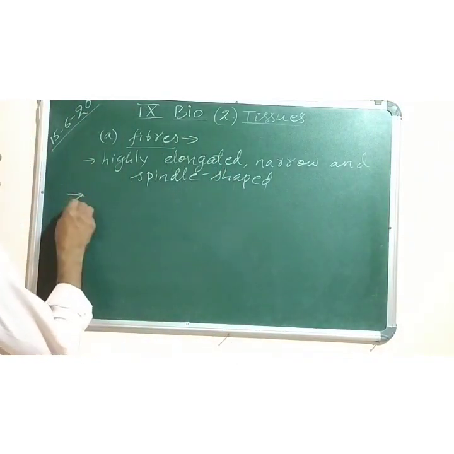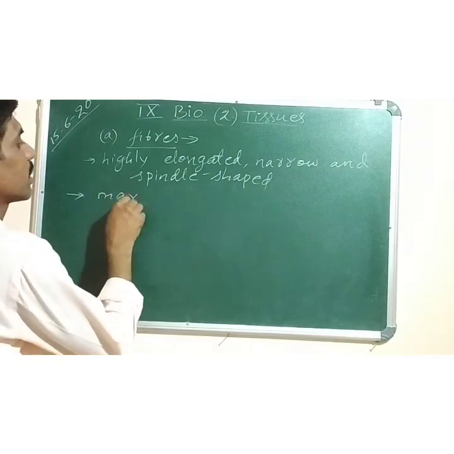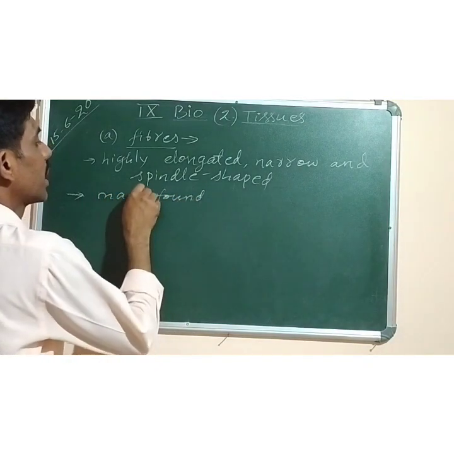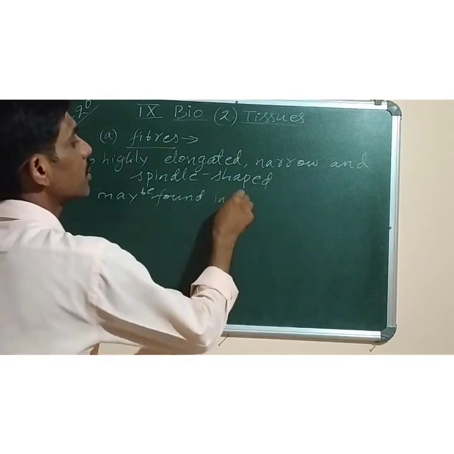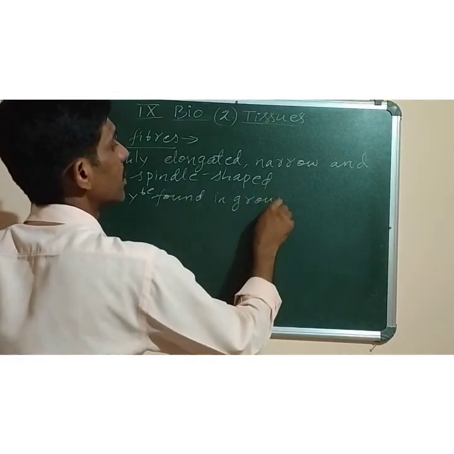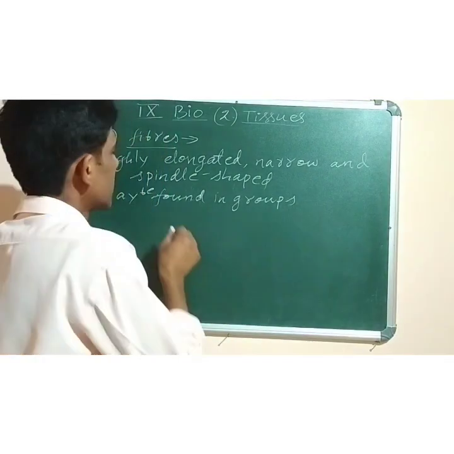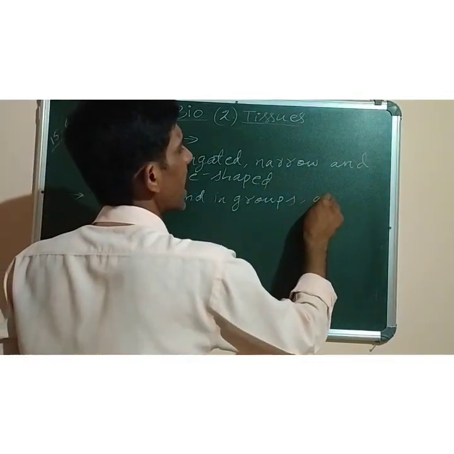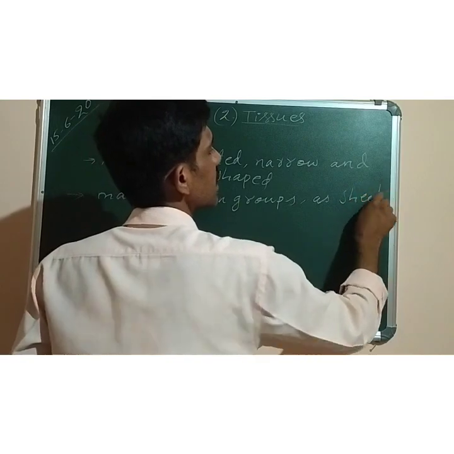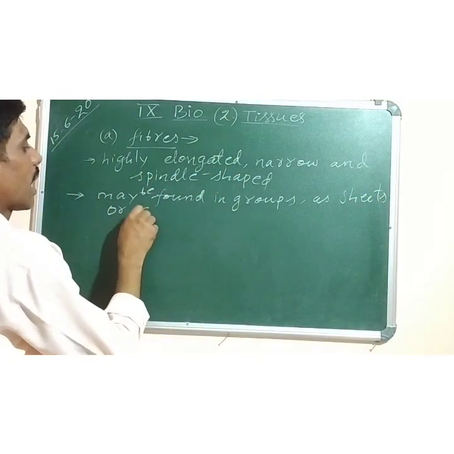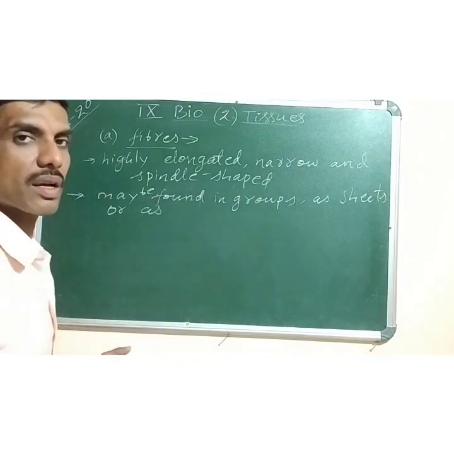Now these fibers may be found in groups, meaning they are not present as one, they may be present together. They are found in groups, as sheets. Sheets means many layers, or as a cluster of cells.